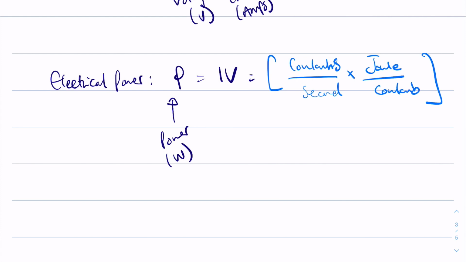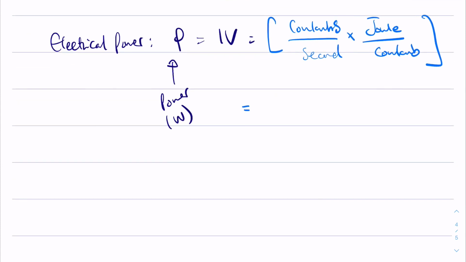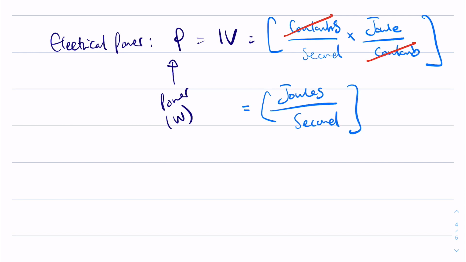Those of you who can see through these units will see these two cancel out, one top, one bottom, leaves us with joules per second. And those physicists among you will realize a joule per second is the same as power, because power is energy per unit time. So all we've done there is derive the equation for electrical power.